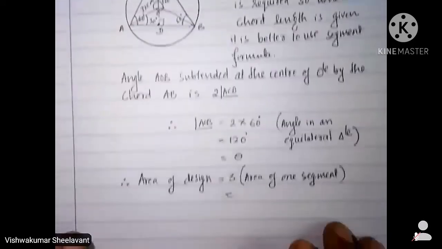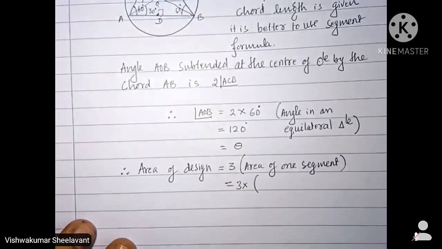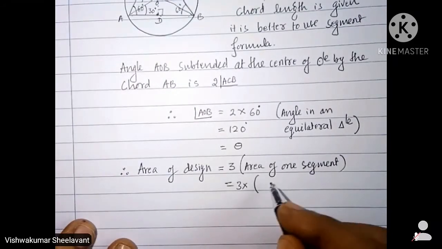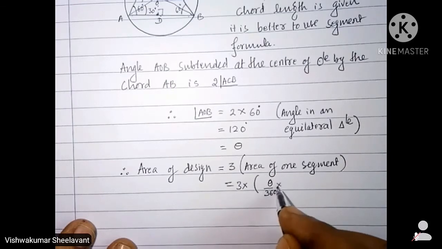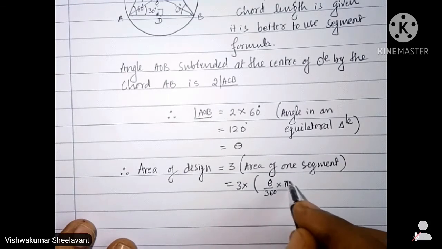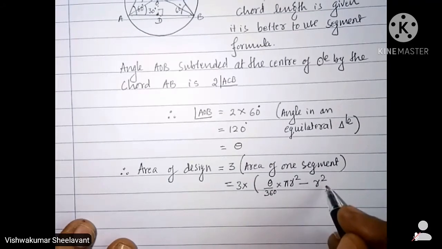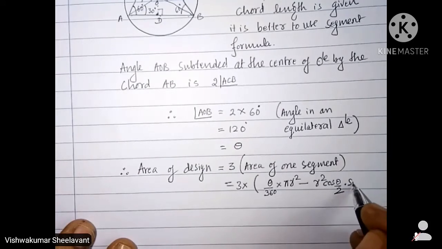That is equal to 3 into theta by 360 into pi r square minus r square cos theta by 2 into sin theta by 2.